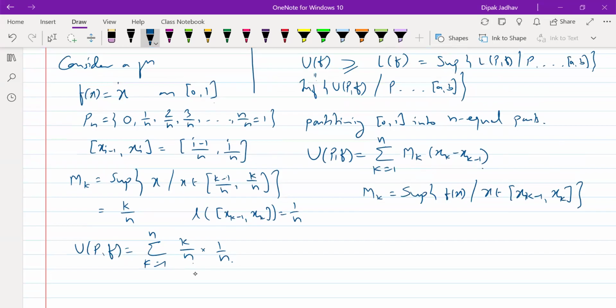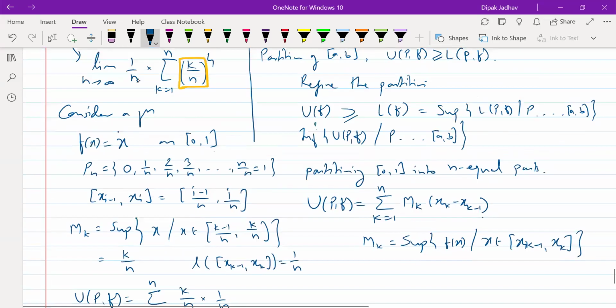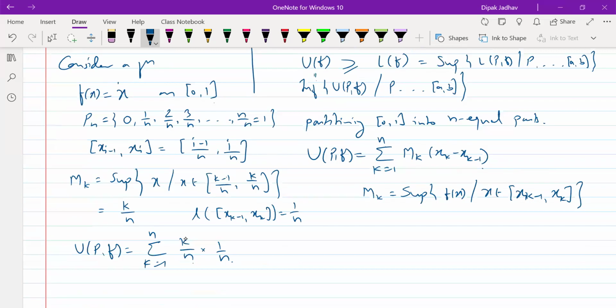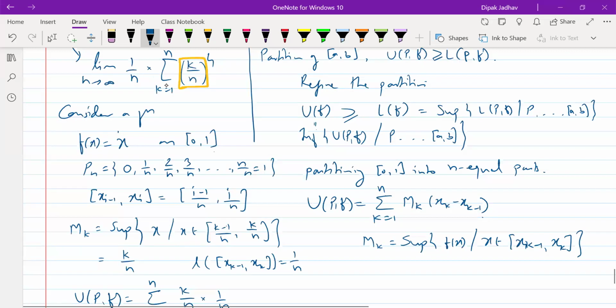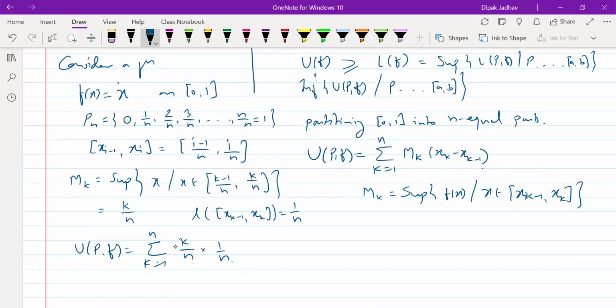Does this upper sum look like the limit that we want to compute? Or is there any variation? This is the limit that we are interested in computing. By considering the identity function on 0, 1 and by taking this partition, we have arrived at a formula for the upper sum that looks like this.